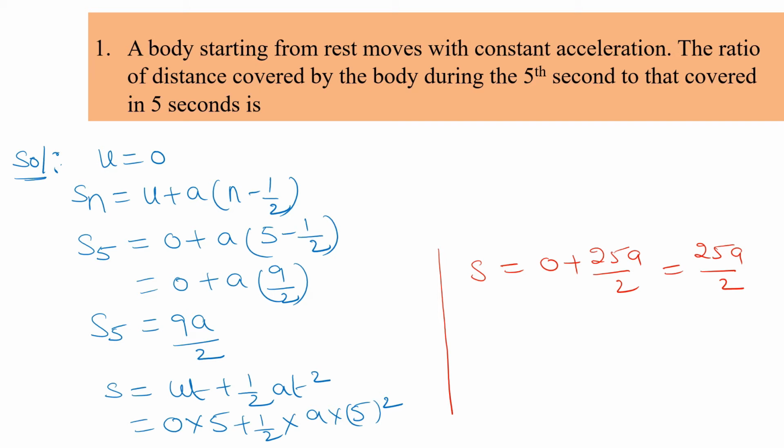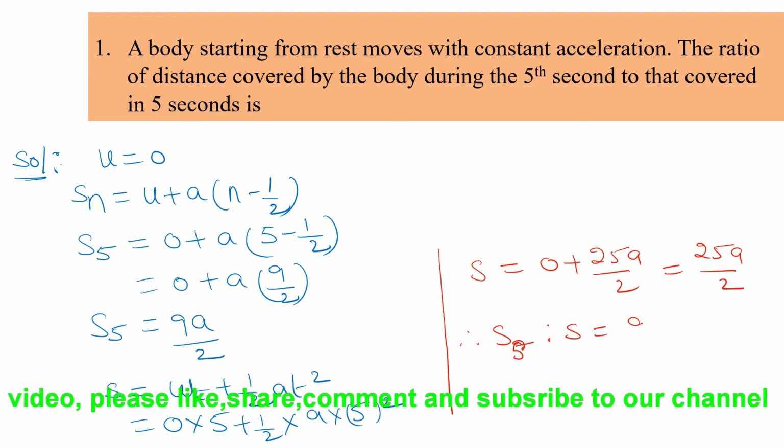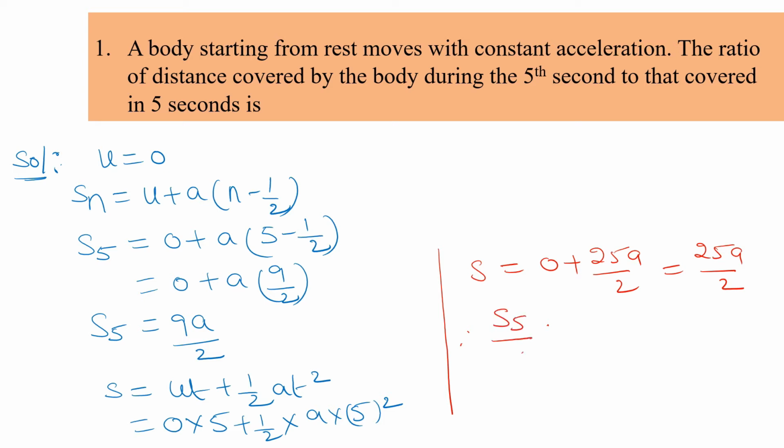So the ratio of distance travelled by the body during the 5th second and in 5 seconds is S5 is to S. S5 by S is equal to 9a by 2 by 25a by 2.